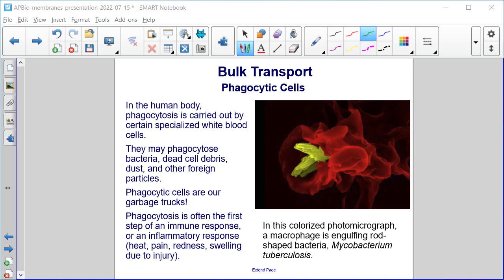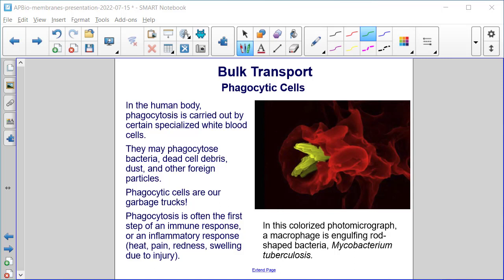Phagocytic cells. In the human body, phagocytosis is carried out by certain specialized white blood cells. They may phagocytose bacteria, dead cell debris, dust, and other foreign particles. Phagocytic cells are our garbage trucks.